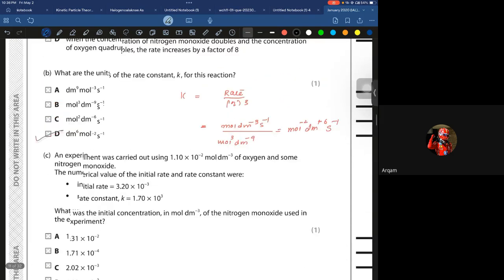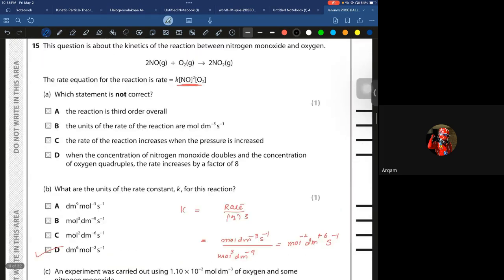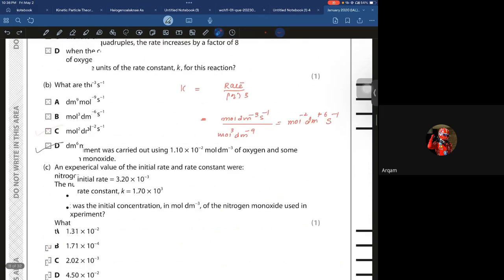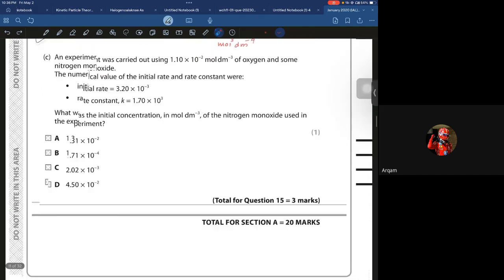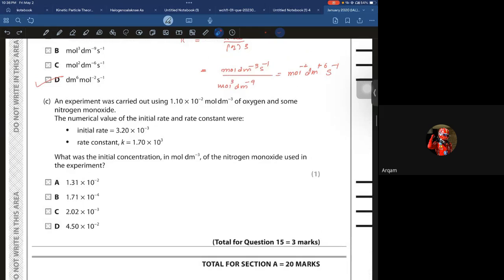Of course, you put that data into this equation. The rate is given, the rate constant is given, so you can calculate the concentration of nitrogen monoxide. You can solve it very easily.